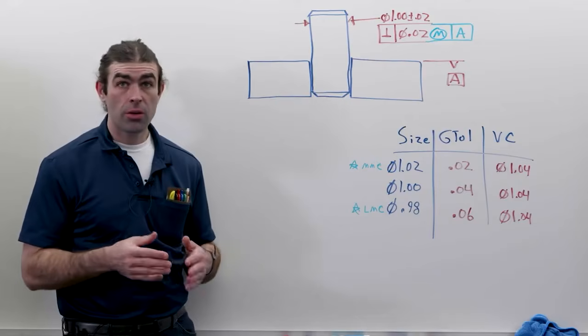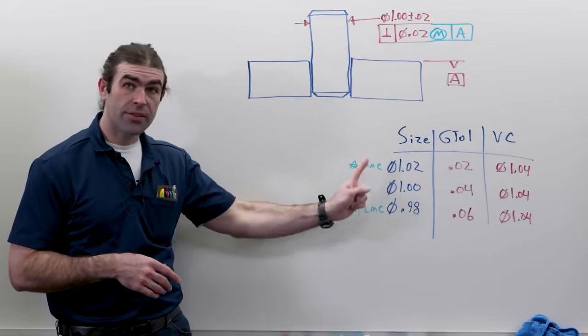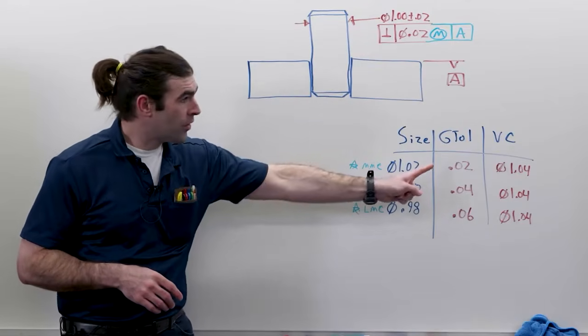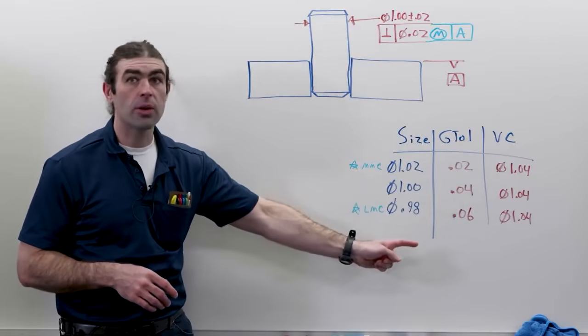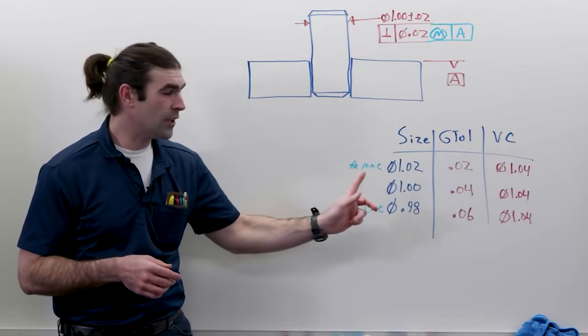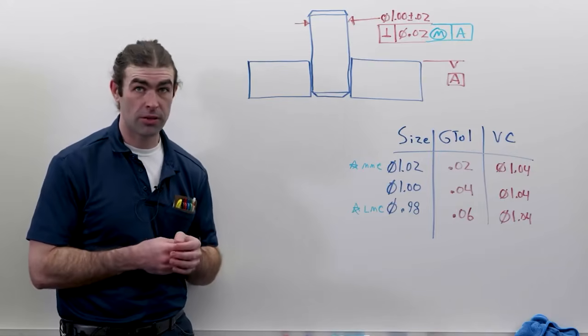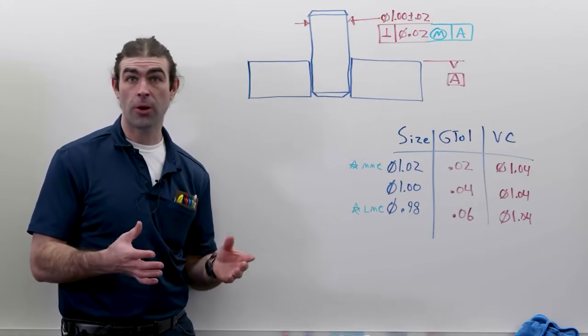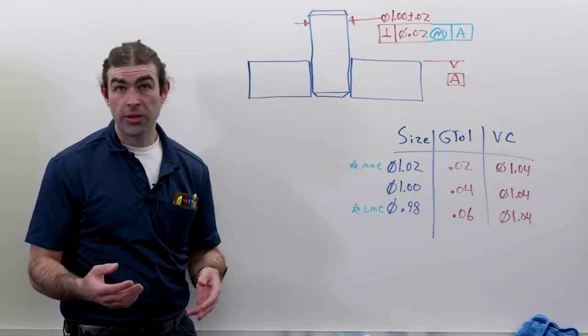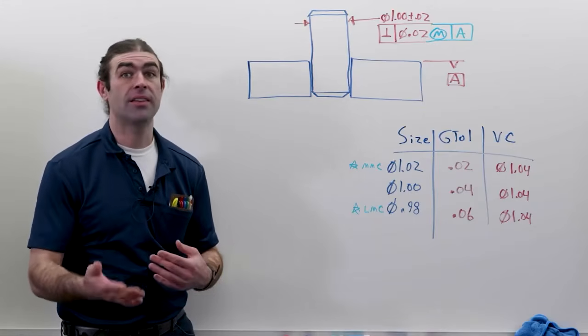So if we make a chart where we compare the size of the actual feature to the geometric tolerance, we're going to find out that if the feature departs from MMC toward LMC, so the pin comes in smaller, we get more geometric tolerance equal to that difference.